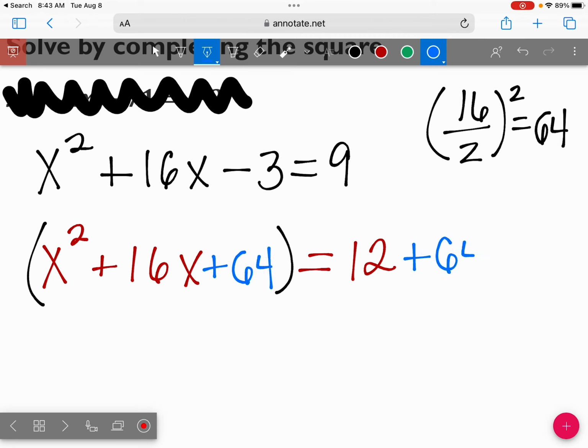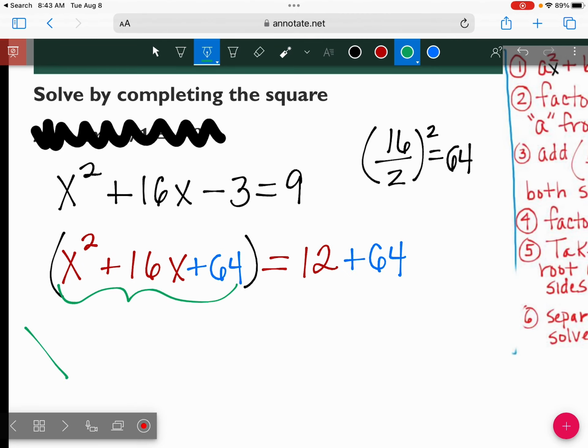I want you all to correct if you did not. A lot of you all made it to this step, and then we said, okay, now I don't know what to do. All right, step 4 is to factor. I need 2 numbers that multiply to be 64 and add to 16.